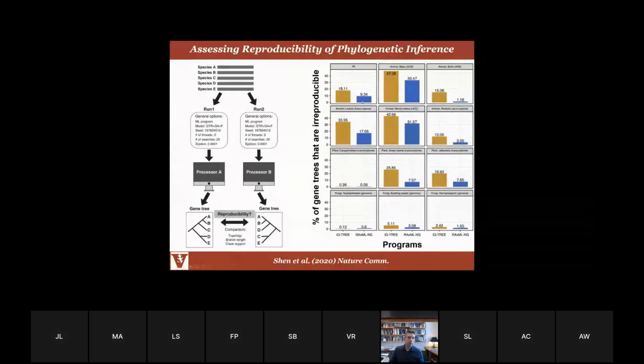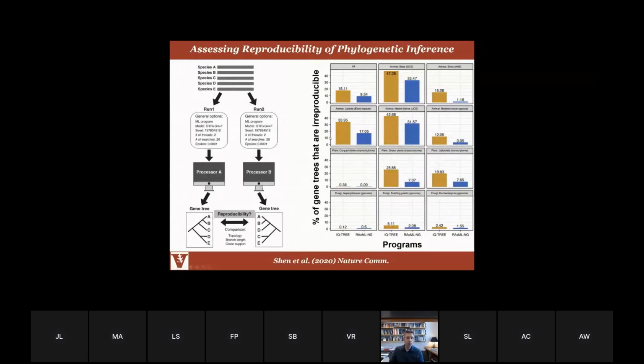In RAxML, that percentage goes down to 9% for the summary of all the different data sets that we run. But again, if you focus on the individual squares, you'll see that in some data sets, reproducibility is not a problem at all, like in Aspergillaceae or Caryophyllales. But in other data sets, it's a huge problem.